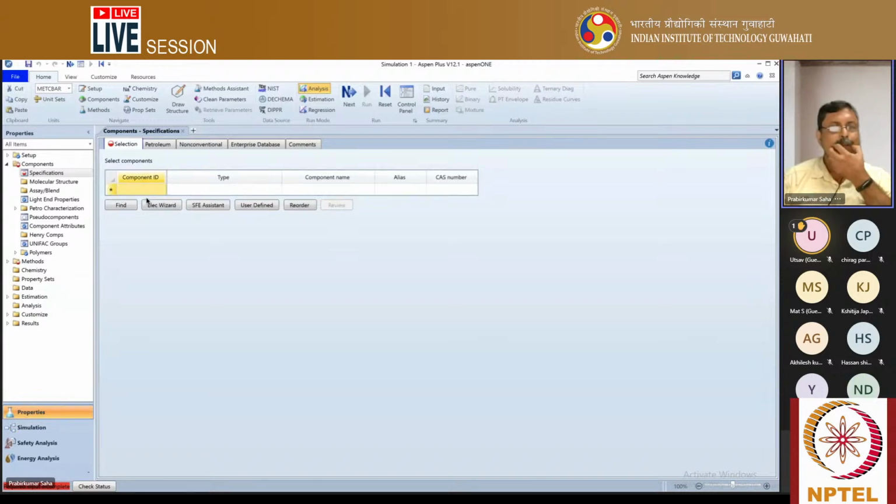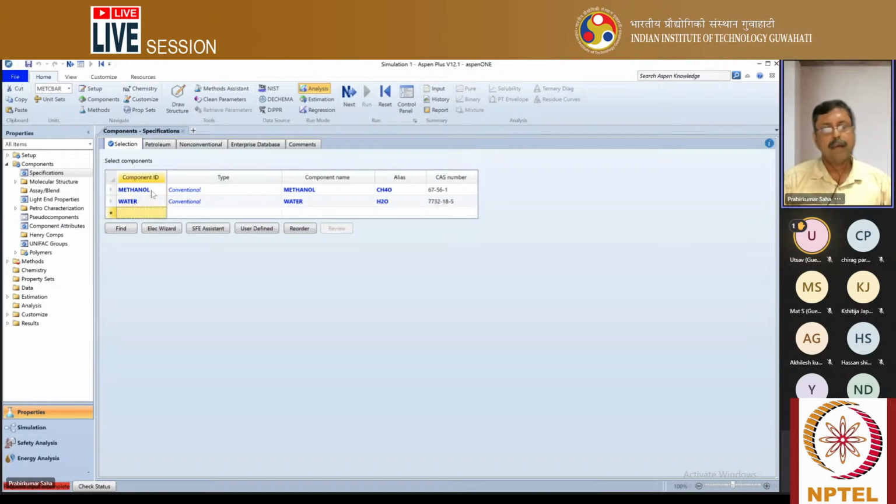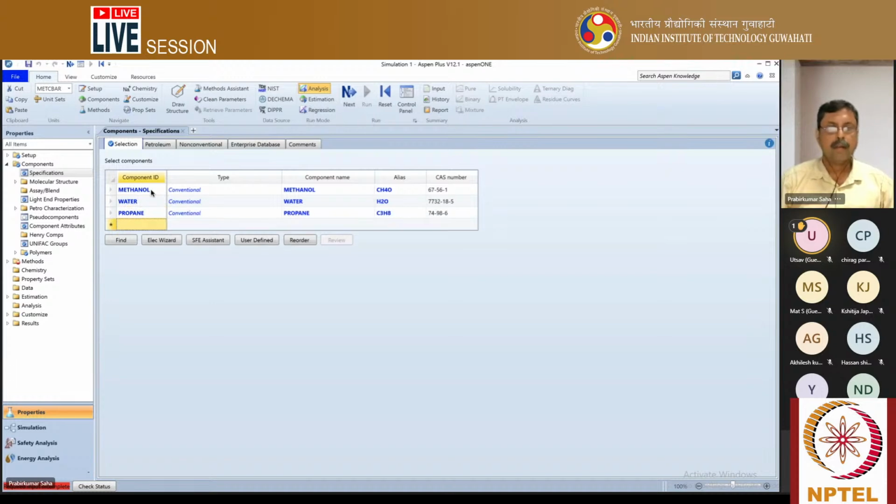Suppose here you have components, say methanol, and say you have water, say propane, or methane.